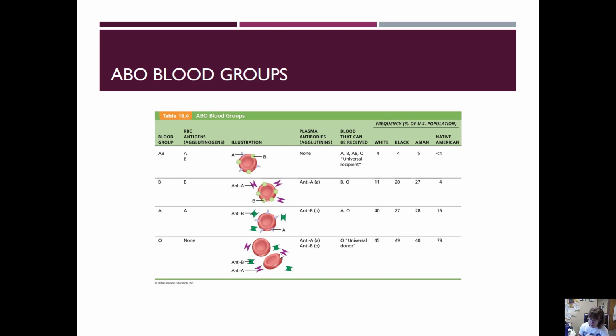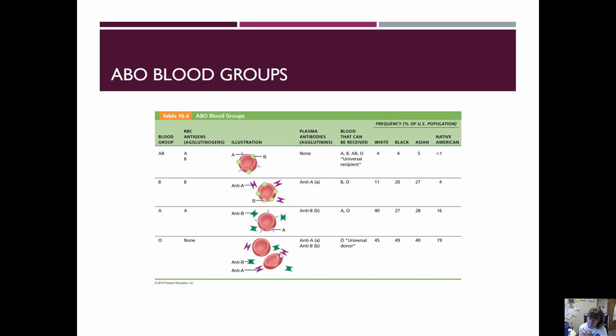Okay, so if you go to your study guide and look at what blood types would cause a transfusion reaction, if you are A positive, you would have antibodies against B. So any of the Bs would cause you to produce a transfusion reaction.